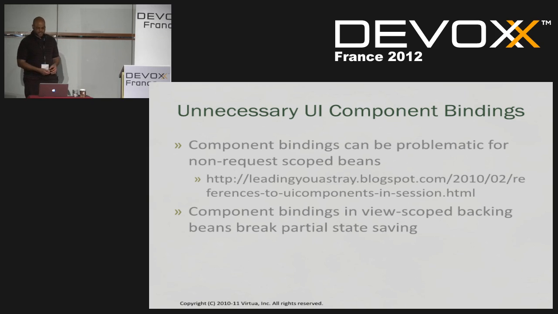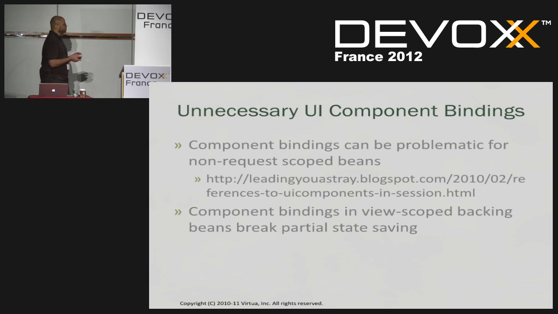And one of the best reasons for this is that component bindings can be problematic for non-request scoped beans. So if you have several component bindings on, for example, a session scoped bean, you may have some issues. The best reference for this is this URL here, which is written by, forgot his last name, this guy Blake who works for Oracle on the Oracle ADF Faces team.